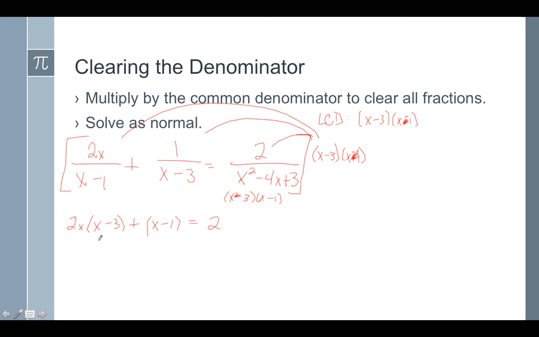And look here, we now have a simple problem we know how to solve: 2x squared minus 6x plus x minus 1 equals 2. We simplify this to 2x squared minus 5x minus 3 equals 0.